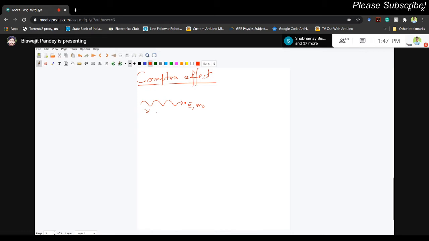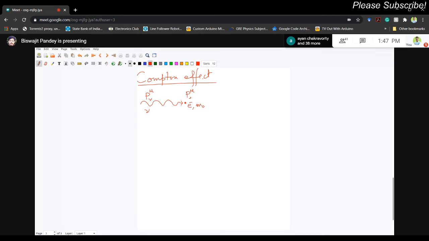Since we are going to deal with the four momentum of these particles, photons and electrons, let us label the four momentum of the photon as p mu, and similarly, let us denote the four momentum of the electron as p mu of the electron.